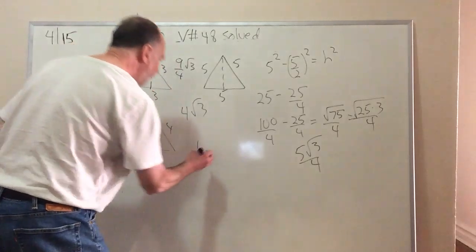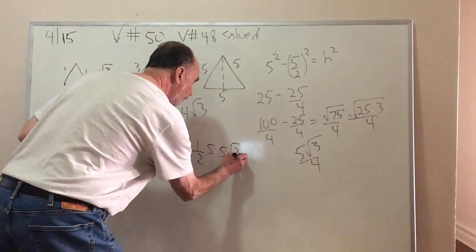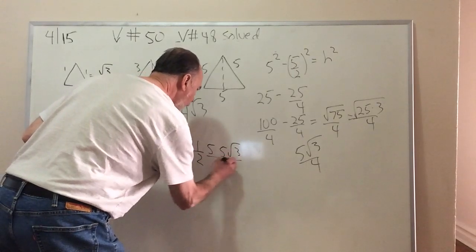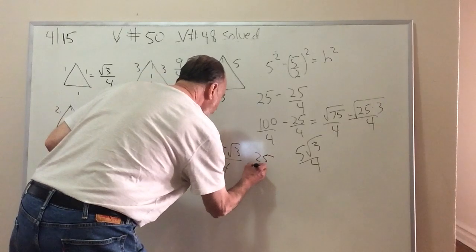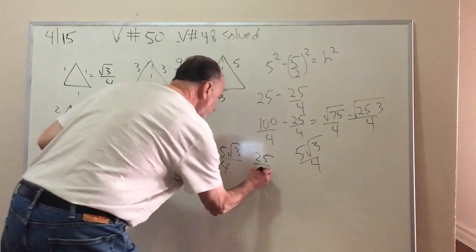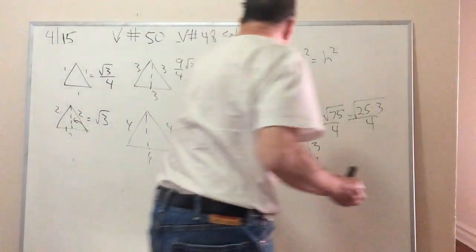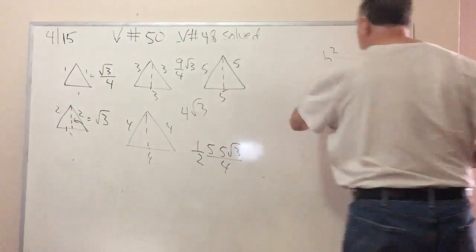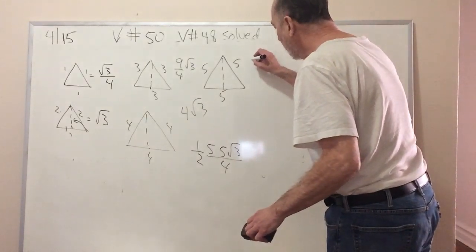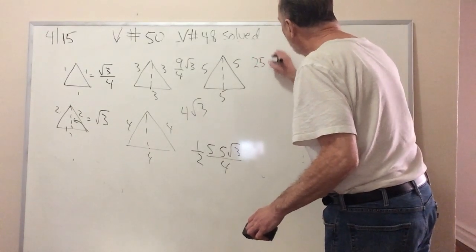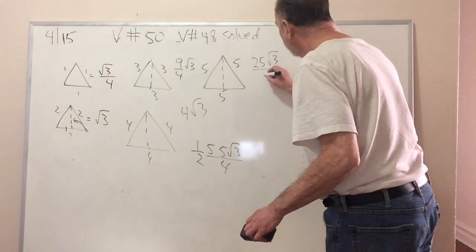I get 1/2 base, which is 5, times the height, which is 5 radical 3 over 2, and I end up with 25 over 4 radical 3. Let me write that over here. I have 25 radical 3 over 4.